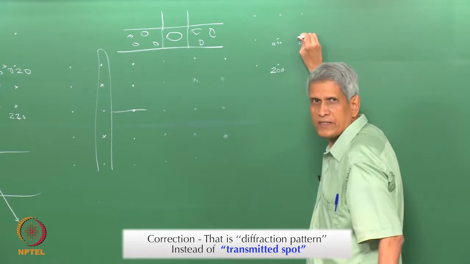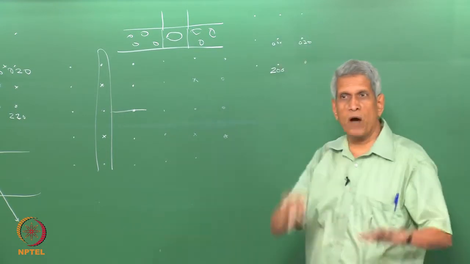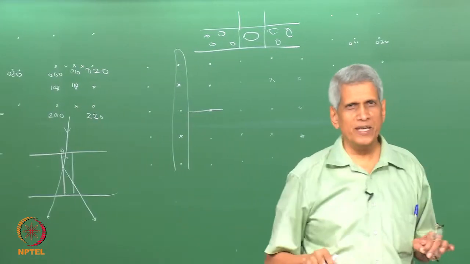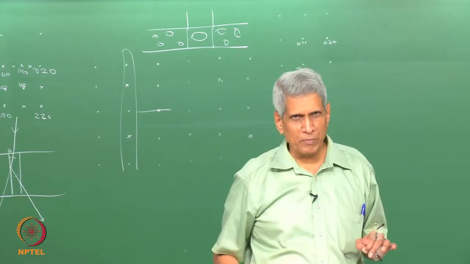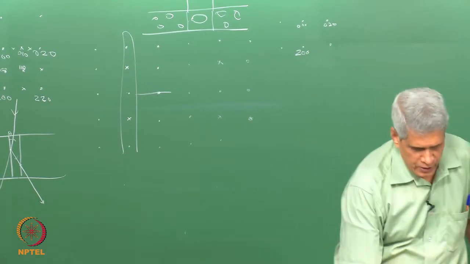If I take this diffraction pattern also, the spots will superimpose. That is what happens. But for low symmetry materials, especially non-primitive ones, we can see it in the case of silicon also. I will just show an example.